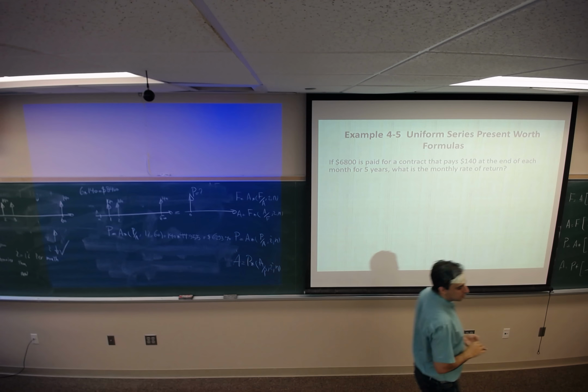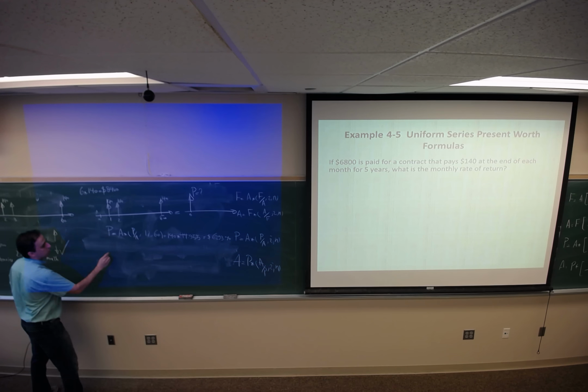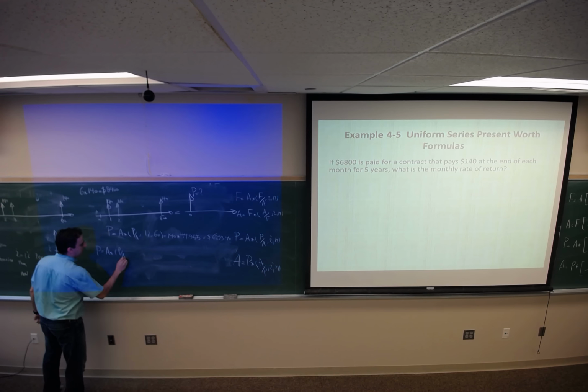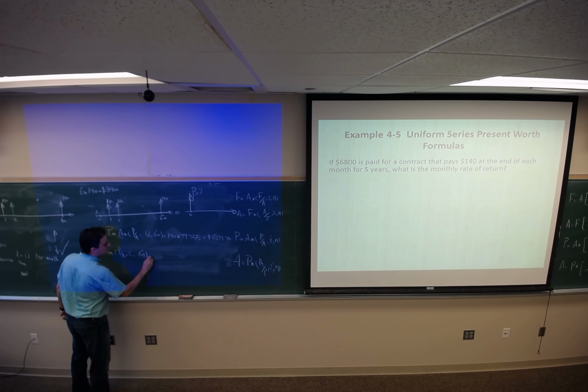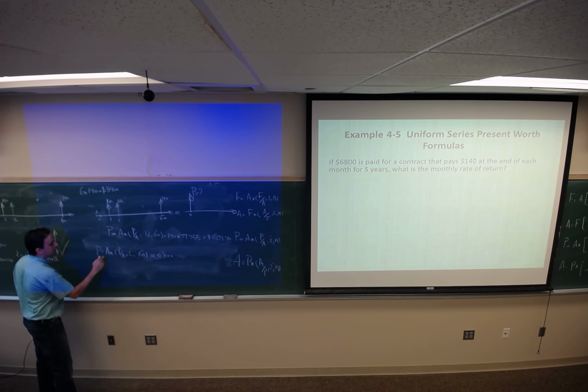So the question is what should be the I that we accept the offer. So what is the monthly rate of return? It means the present value, which is A times P over A, I, 60, should be equal to 6,800. A is 140.